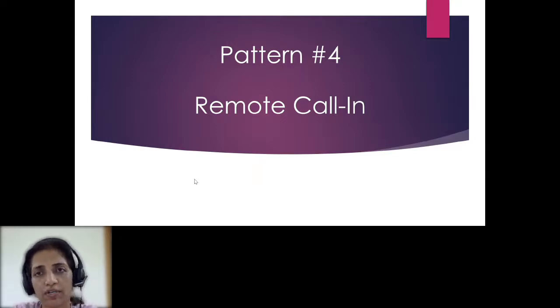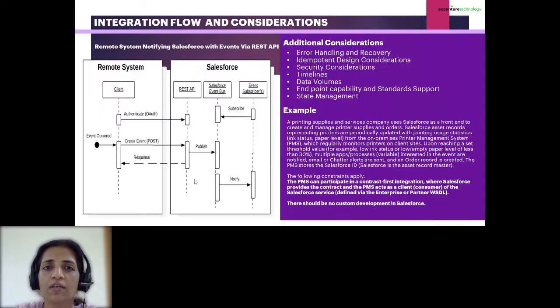For remote call-in, within Salesforce we have certain options for remote systems to call Salesforce using REST API, or sometimes to generate an event and call Salesforce. Typically you have a client which authenticates to Salesforce using the Salesforce REST API.